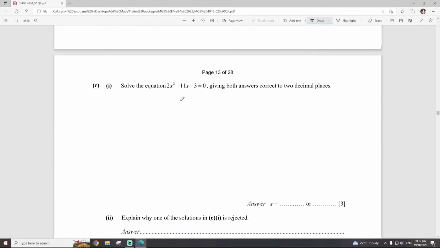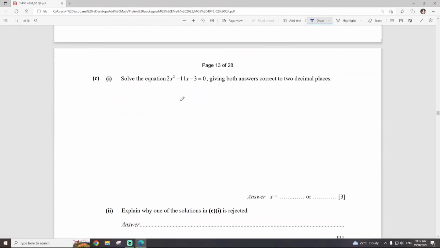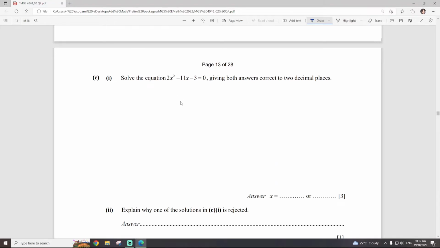Solve the following equation. Okay, so this is standard. So we use the quadratic formula. x is equal to negative b, so 11, plus or minus the square root of negative 11 squared minus 4 times 2 times negative 3, all over 2a.